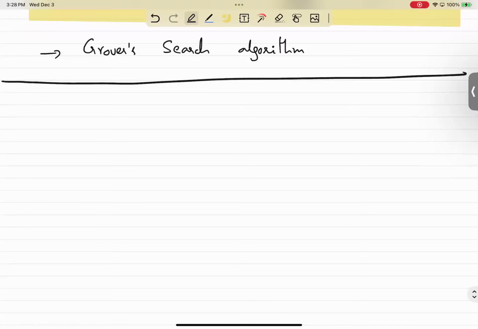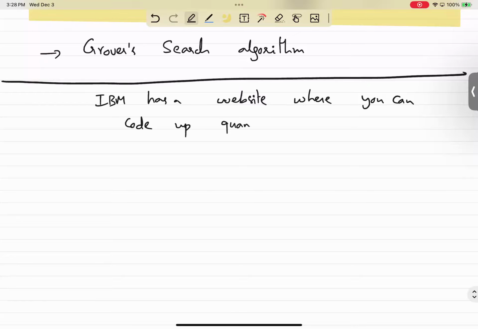So IBM actually has a website where you can code up circuits.